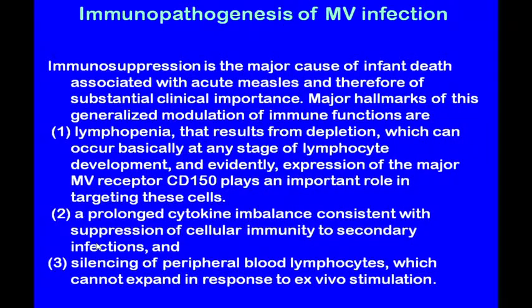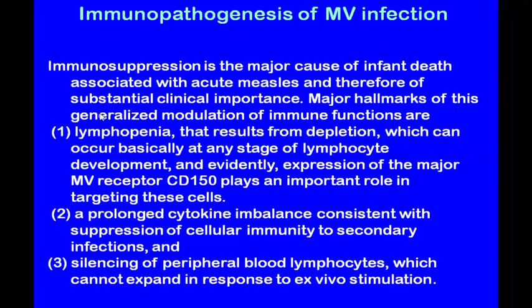So then, because this virus may infect lymphocytes through the SLAM molecules, the immunosuppression is a very important cause of infant death, because as soon as the immunosuppression is developed, babies and children start to be very susceptible to other infections.